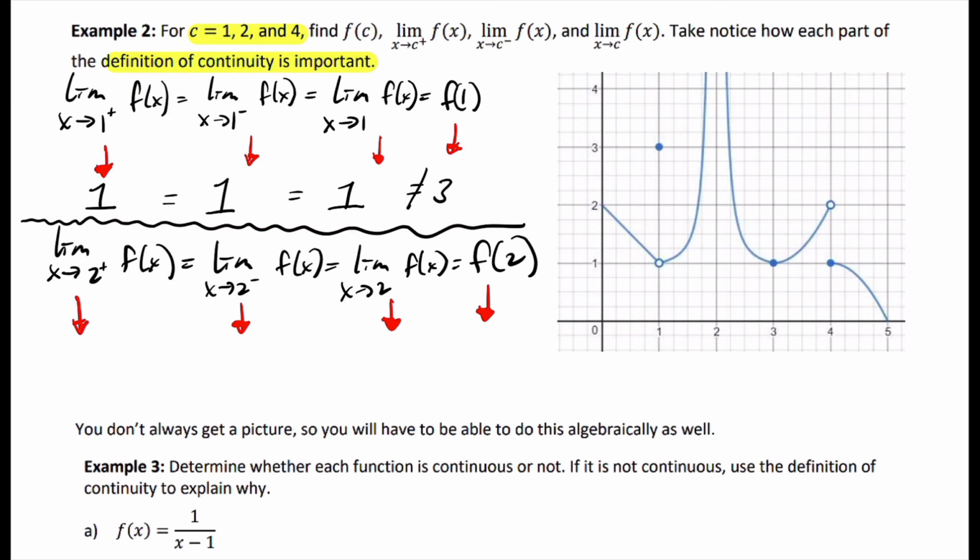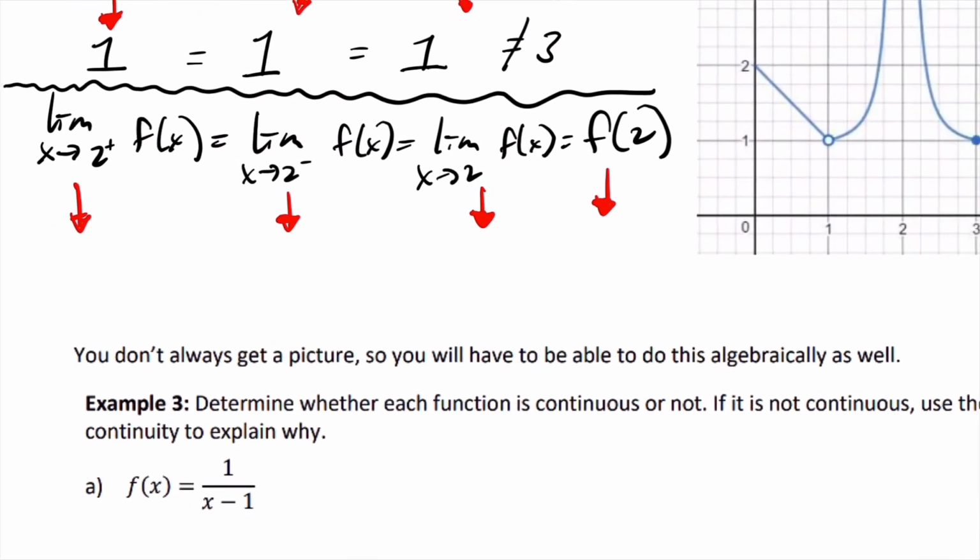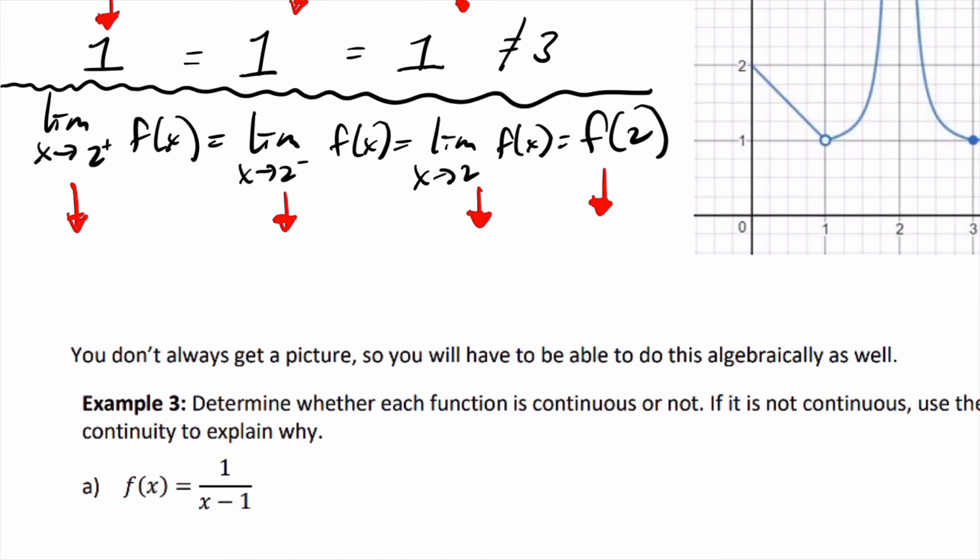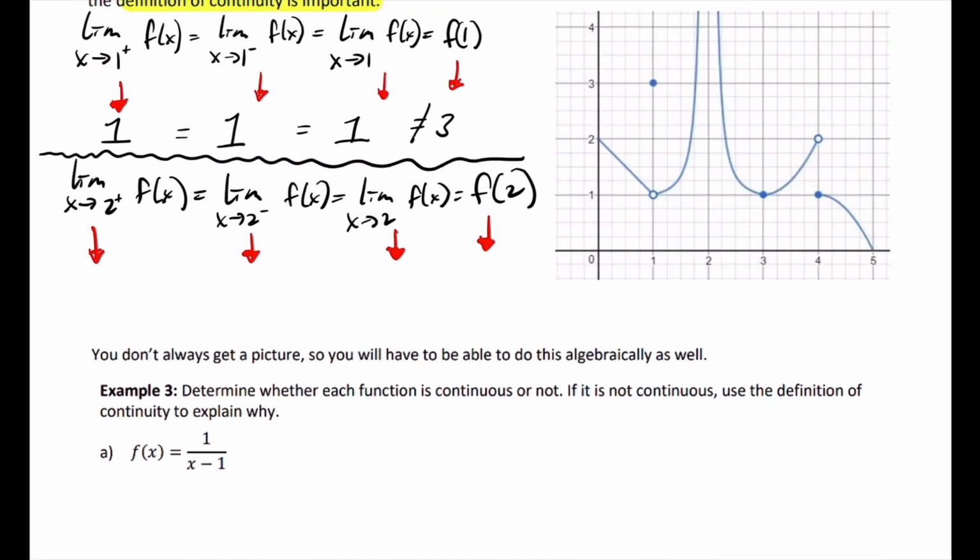You don't have to do it in words. In math, we use a lot of symbols, f of 1, f of x. That's what you got to use. So this tells me what I am trying to prove, and what each of those values equals. So don't just write the numbers. You got to write everything because that tells you what you're trying to prove and if you proved it or not. Okay.